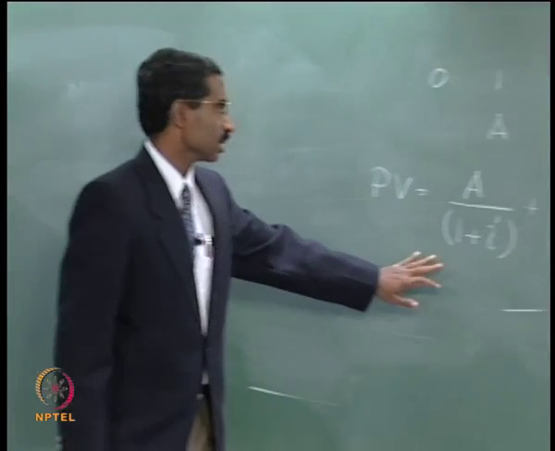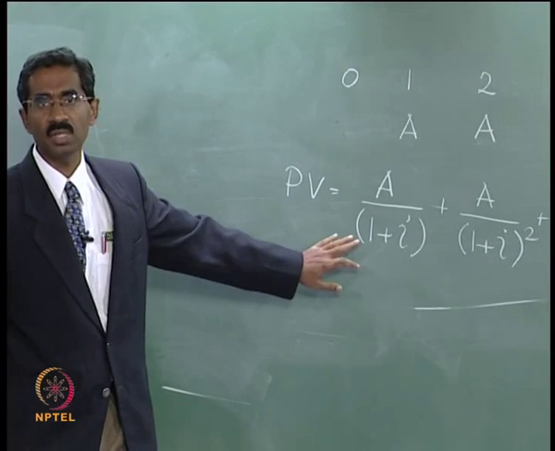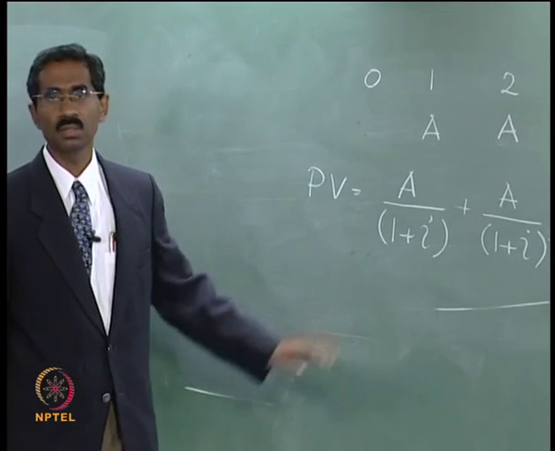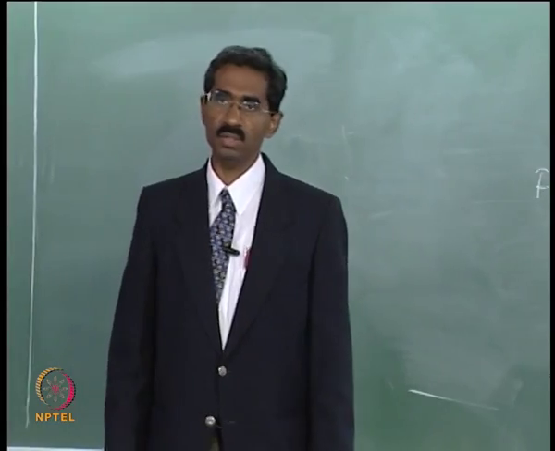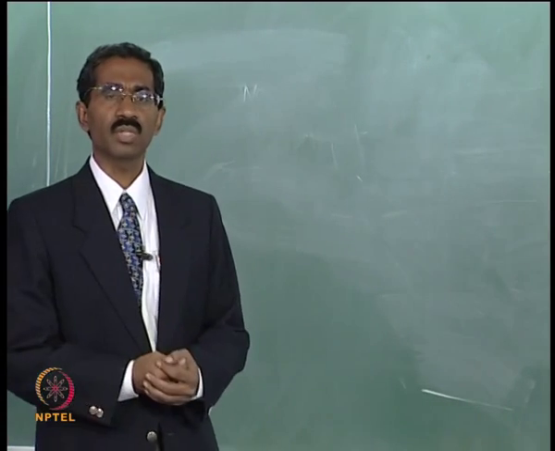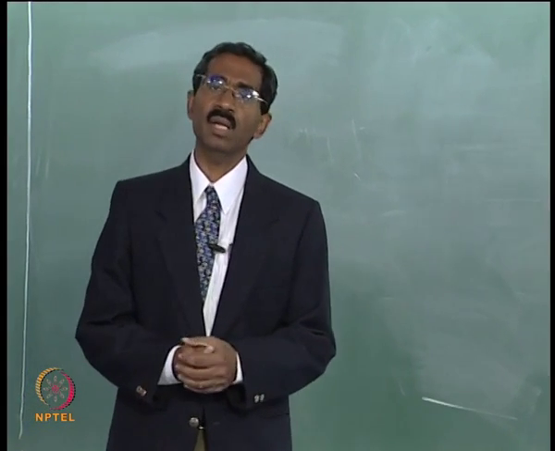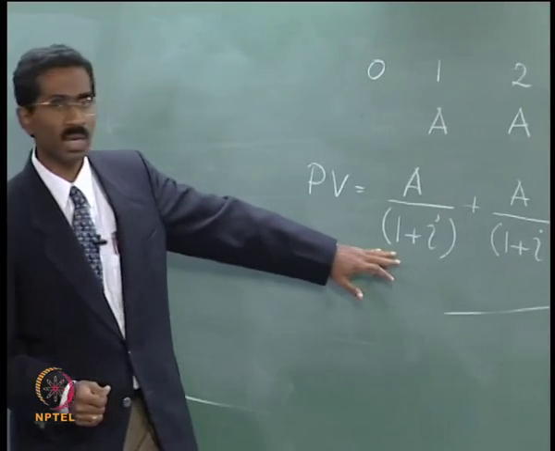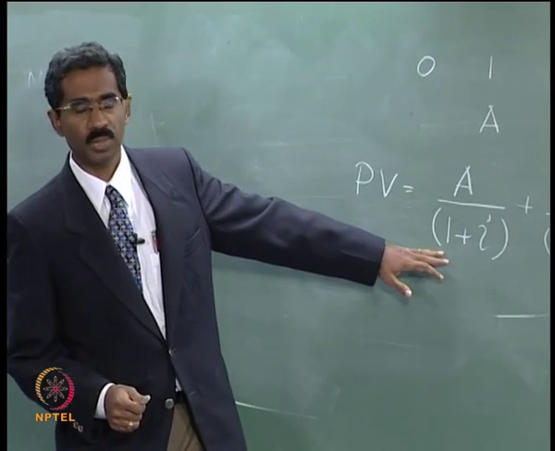Now if you look at it, this summation is a simple geometric progression, and we can use the expression for the sum of a geometric progression to determine the value of this expression.